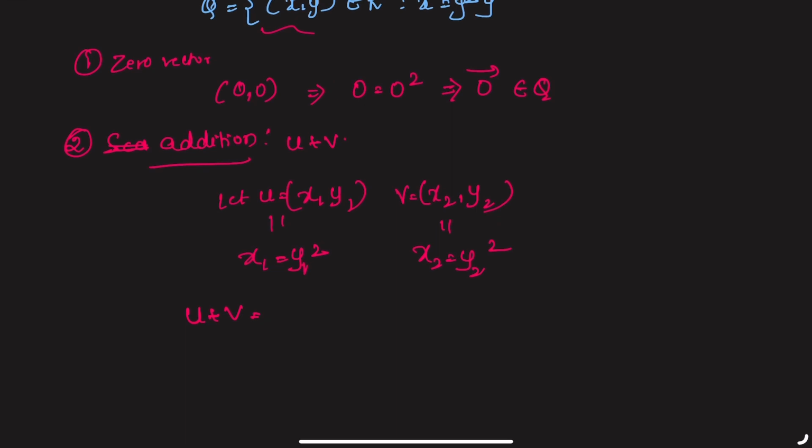Now consider the sum u plus v, that is (x1, y1) plus (x2, y2), which gives (x1 plus x2, y1 plus y2).